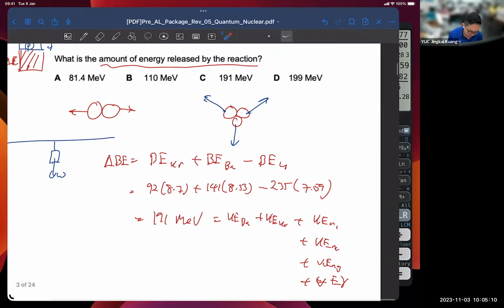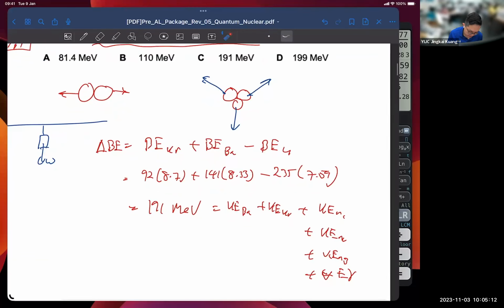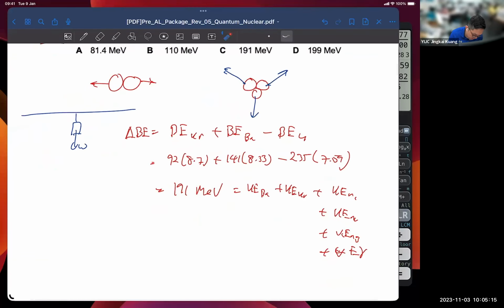So we look at the energy. KE of a neutron in this case is half mass of neutron times v squared. This is equal to some value, but you realize that this v here is limited to c, the speed of light. So there's actually a maximum KE here.